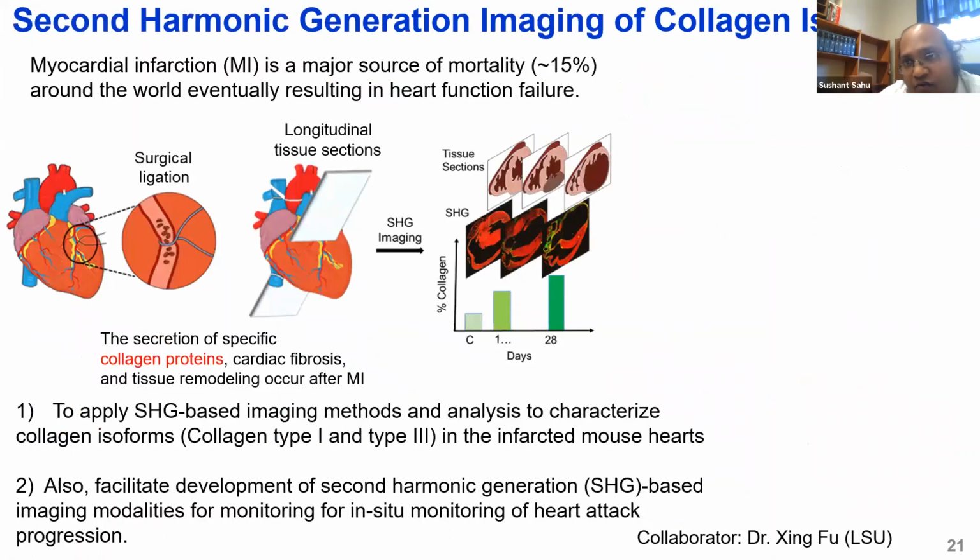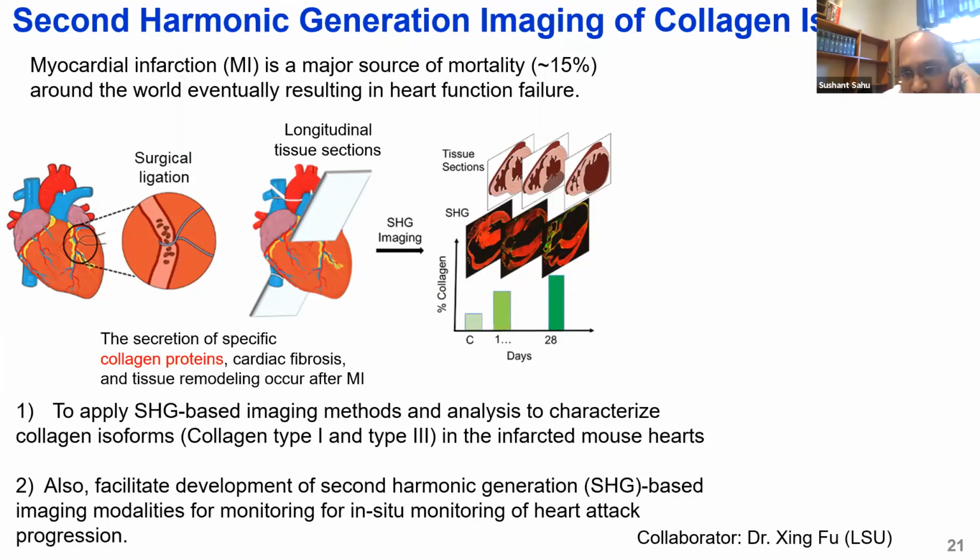It was well known in the community that collagen gives a very bright SHG signal. At LSU, they have a nice veterinary school and very good interdisciplinary collaborations. So we wanted to look at a myocardial infarction model in mouse hearts; myocardial infarction is the terminology used to represent a heart attack.